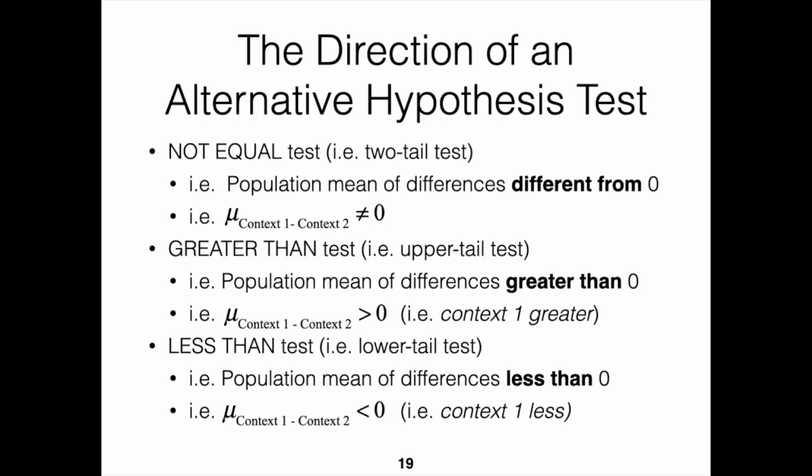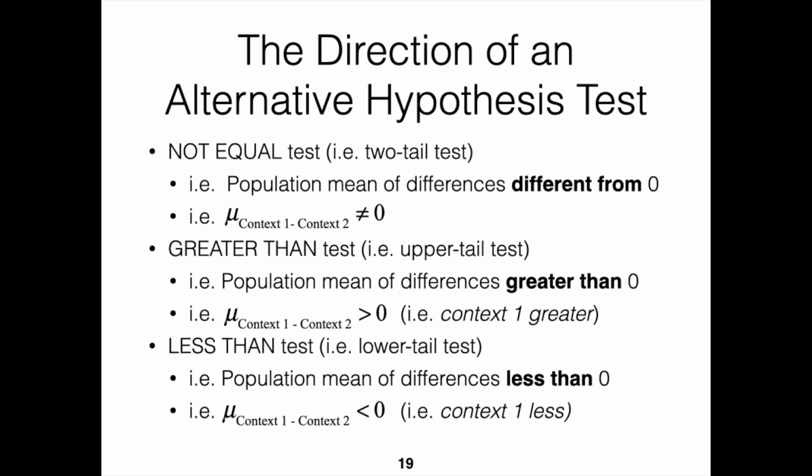Now when it comes to the alternative hypothesis, you have some options. If you think that things were greater in one context than the other, you can do a greater than test. This is basically saying that if you look at all of those differences and you think things were greater in the first context than the second context, then on average those differences should be greater than 0.